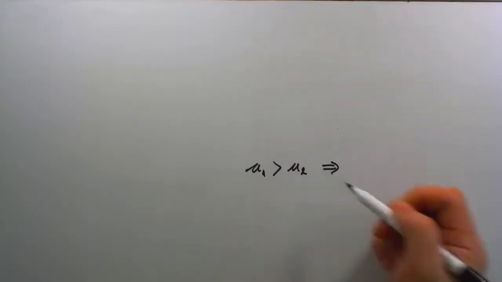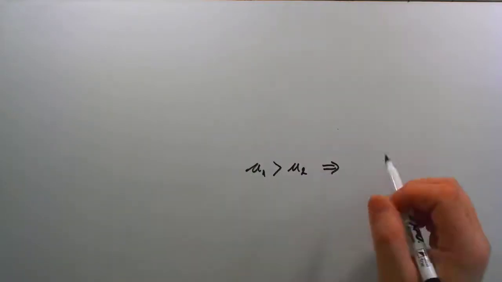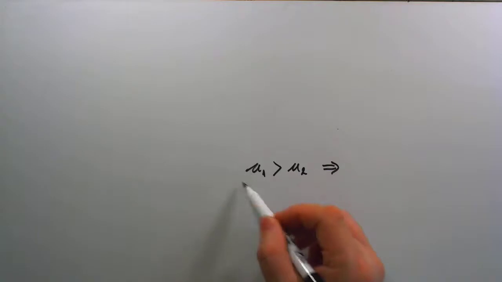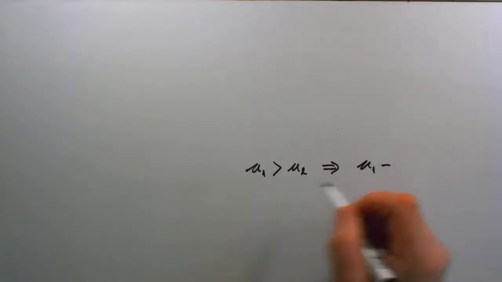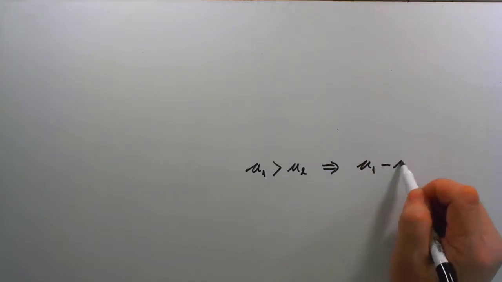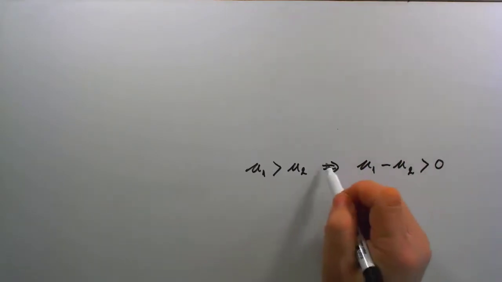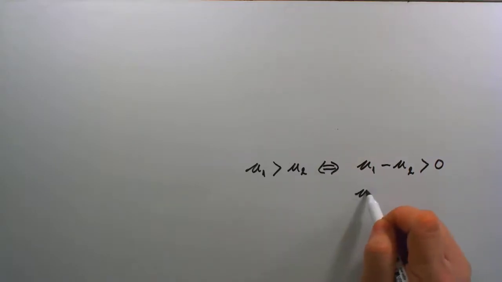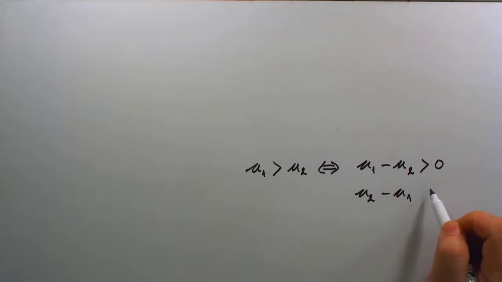And at this point, anyone viewing the video must be fully aware that we will always look at a comparison in terms of a difference. So mu1 greater than mu2 is the same as saying mu1 minus mu2 greater than 0 algebraically. Or we can also say mu2 minus mu1 is less than 0.